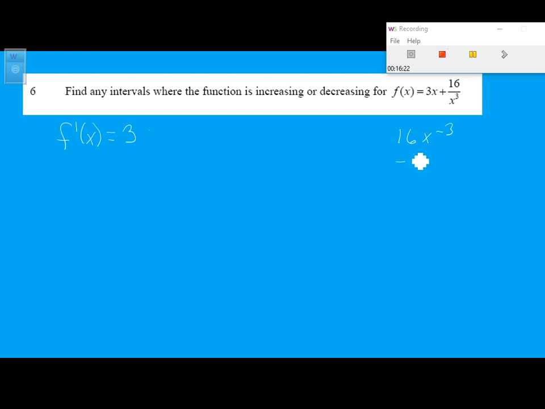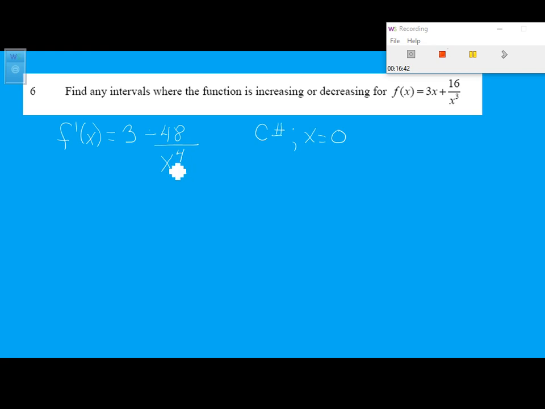Bring down that negative 3 and get negative 48x to the negative fourth. So I got 3 minus 48 over x to the fourth. So there's my derivative.